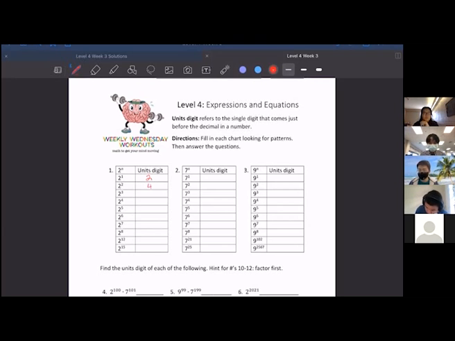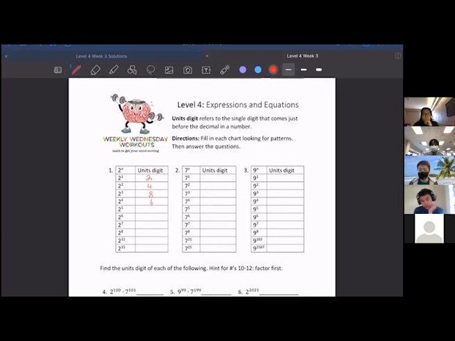And then times 2 again gives you 8, yep. And 8 times 2, 16. So we only want the units digit, so we're only gonna write down 6.